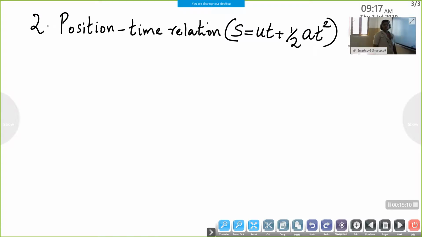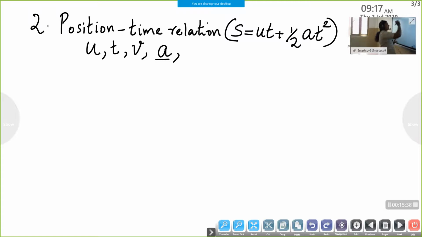Here also you have to introduce the terms used in this equation. Introduction is very, very important for a derivation. So, consider an object moving with an initial velocity u. After a time t, it acquires a velocity v, that is the final velocity, and the change in velocity is uniform to produce a uniform acceleration a.